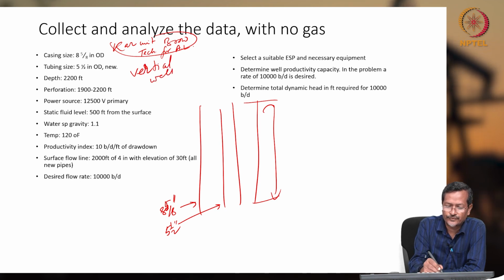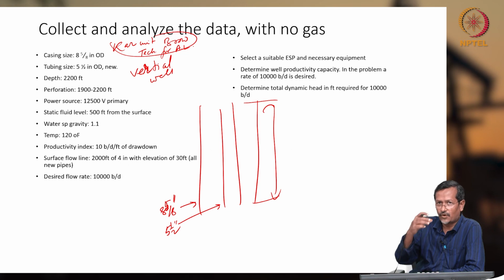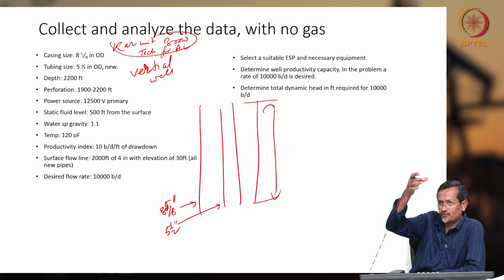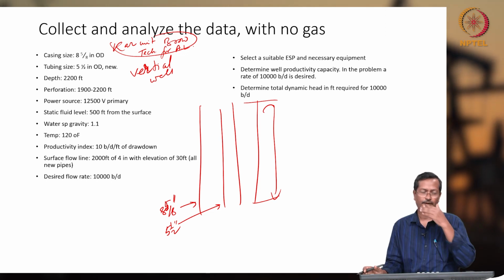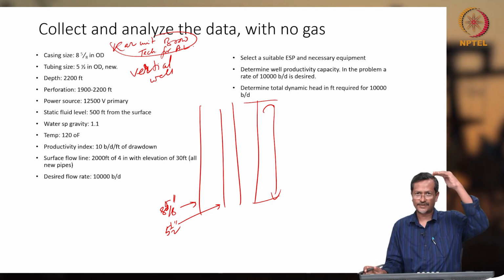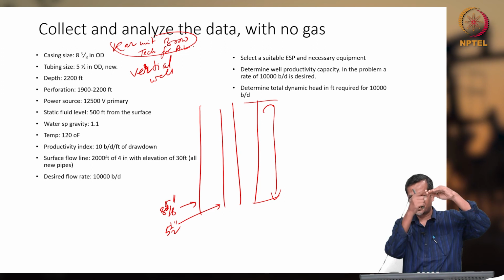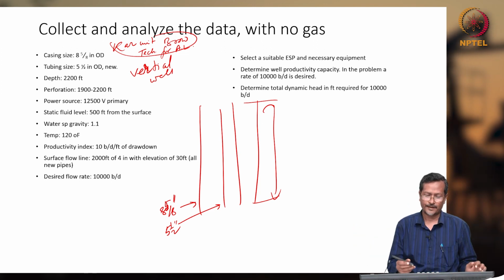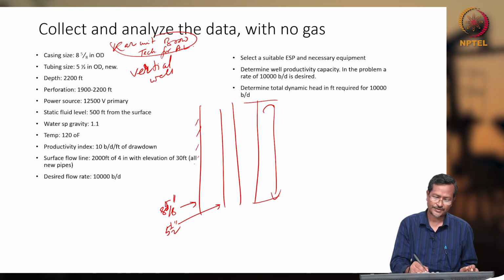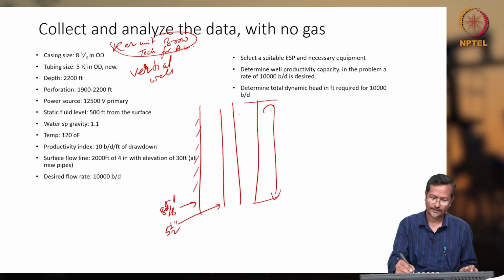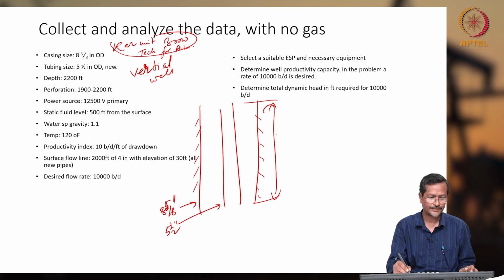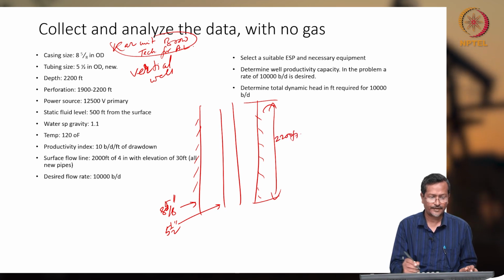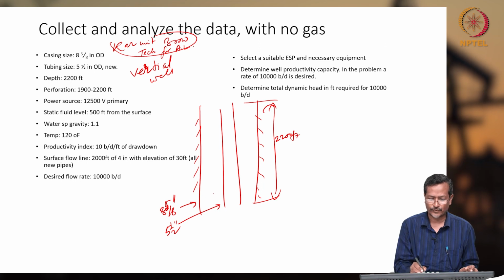If we say horizontal wellbore, then we will be given the vertical section or horizontal section length. In that case, whenever you calculate hydrostatic pressure, you use TVD, but the friction pressure drop will be for the whole pipe length. So this is your casing, the whole wellbore depth of 2200 feet is given, perforation 1900 to 2000.